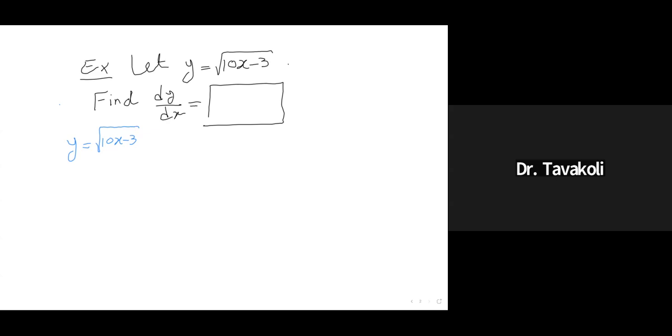So to make it easier to use the chain rule, we let this expression under the radical be the new function u. So u is 10x minus 3, and therefore y is going to be what? Radical u. So if I let 10x minus 3 be the new variable or the new function u, then y is radical u.